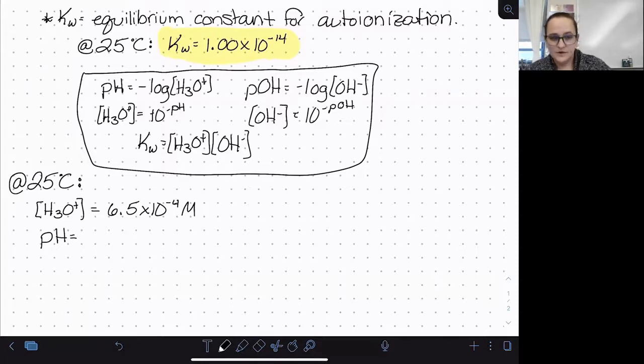Then, using this new expression that we just found for the autoionization of water, calculate the hydroxide ion concentration. Once you have the hydroxide concentration, you can calculate the pOH. So take a couple minutes and try to do that now.